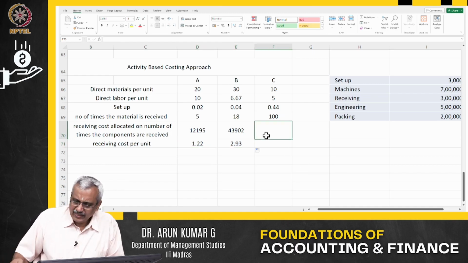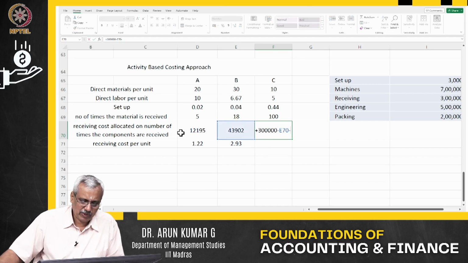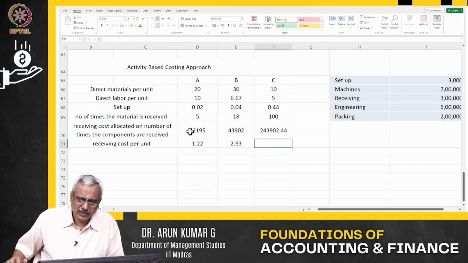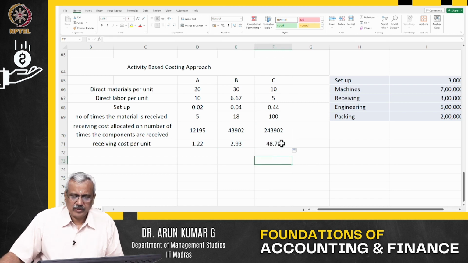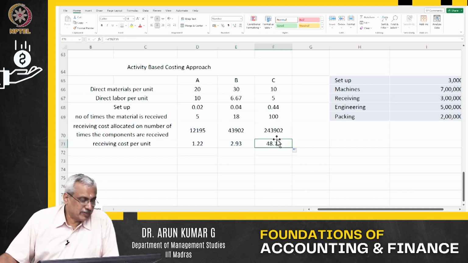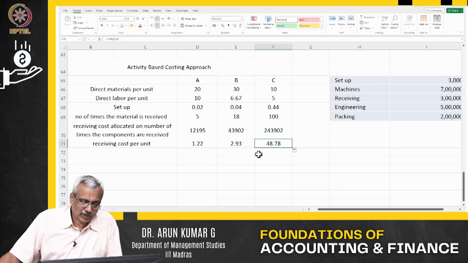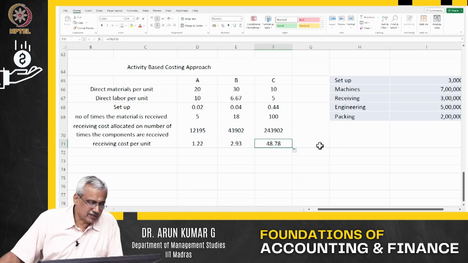For product C, it is going to be 300,000 minus these two. Again I am going to remove the decimals, and my receiving cost per unit is going to be 48.78.